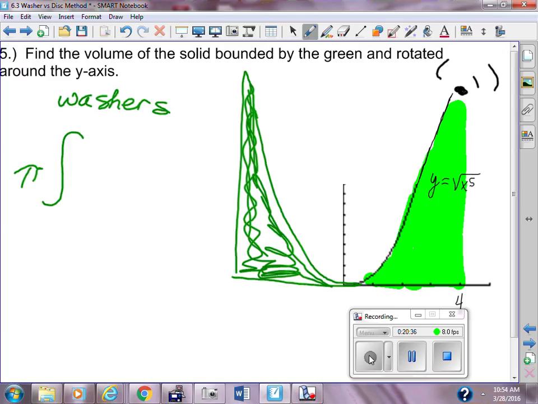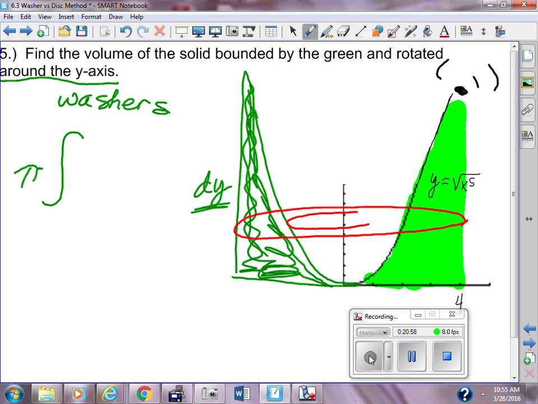Did you all put dx or dy? Should be dy. So you're going around the y-axis, so it should be dy. So when I make my slices, they're going to go this direction. You see the white space there, which does mean you're going to have the washers.